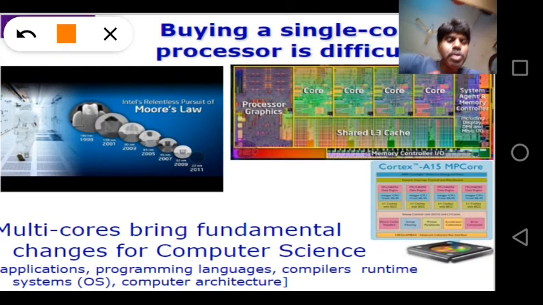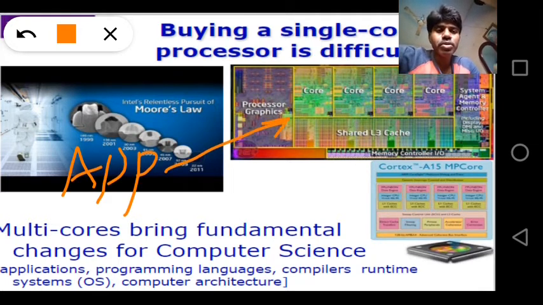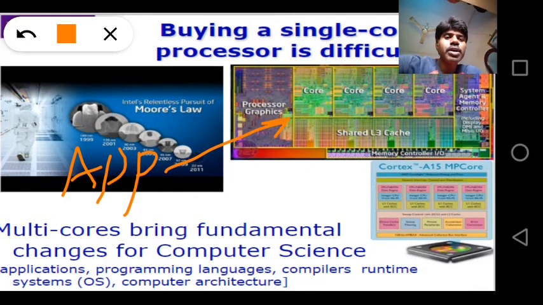So what are the things that will change? The applications. Now applications will be developed with an idea of multi-cores. The programs are designed so that they can be executed by a multi-core processor.